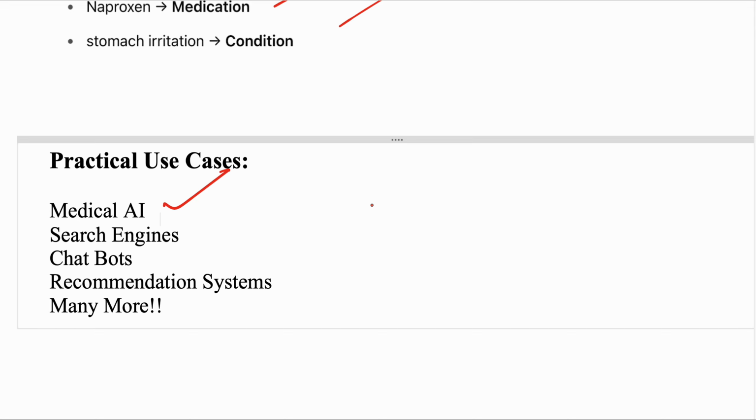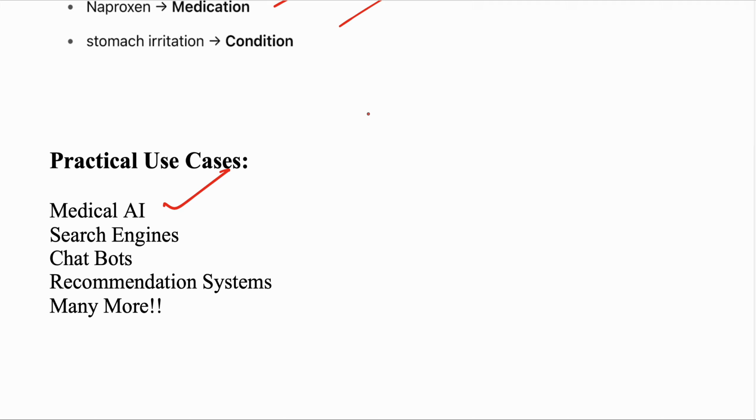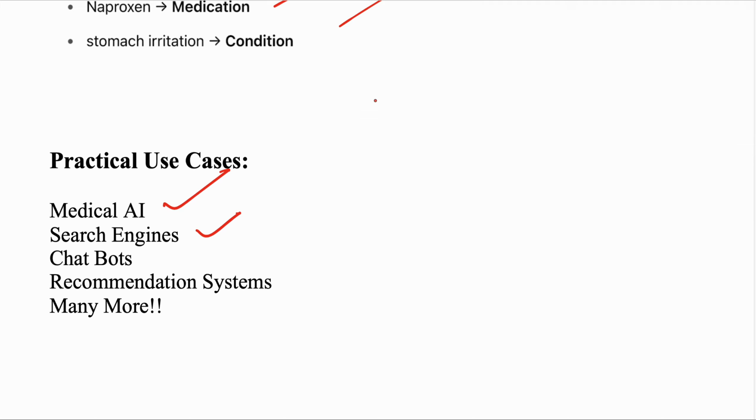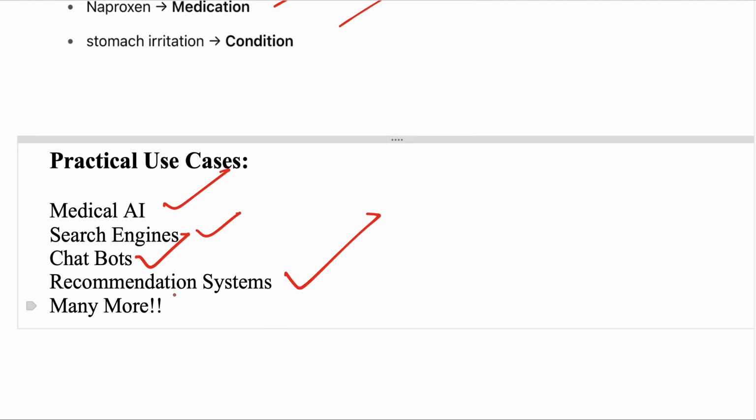Let's suppose someone says that I want to buy a red t-shirt. So NER will be able to say that, hey, red is color and t-shirt is the product, which is basically the user intent. NER is also used in automated chatbots, in recommendation systems, and in many more practical applications.